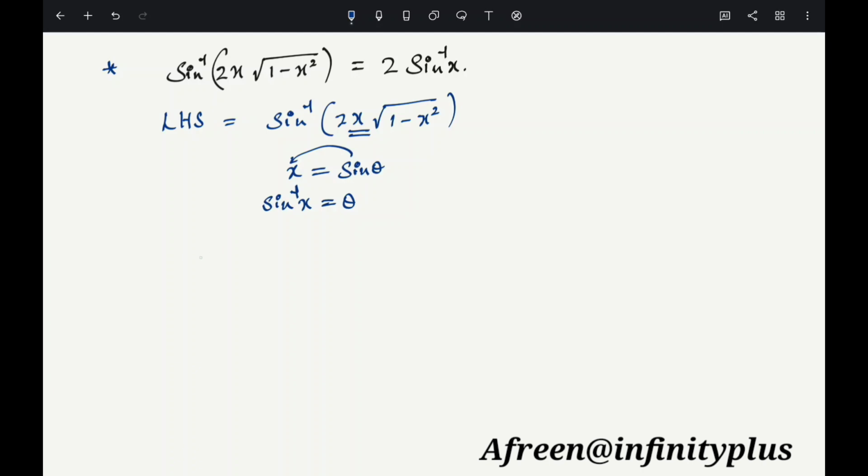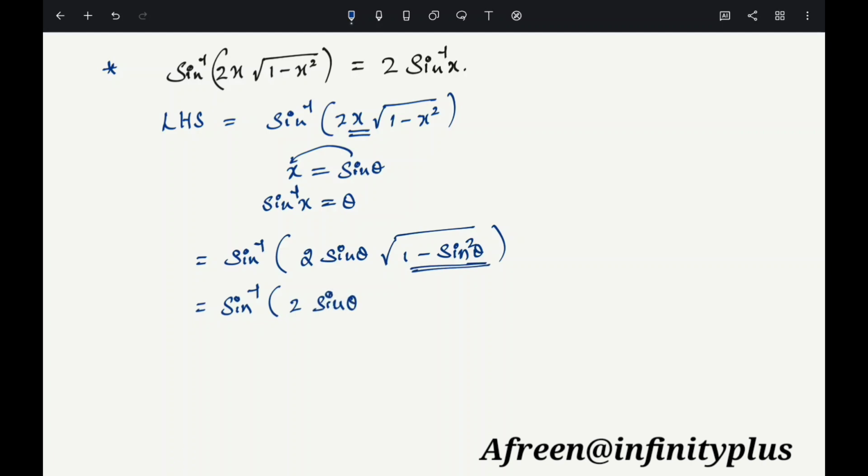Now this is equal to sin inverse of 2 times sin theta, into root of 1 minus sin square theta. We all know 1 minus sin square theta is cos square theta from the identity, so 2 times sin theta will be as it is.